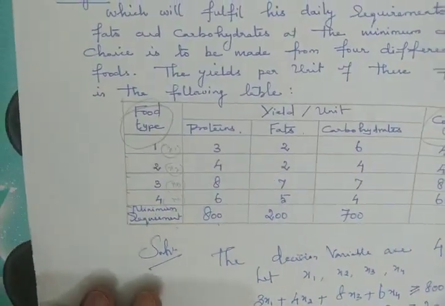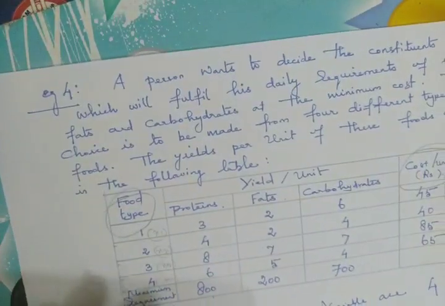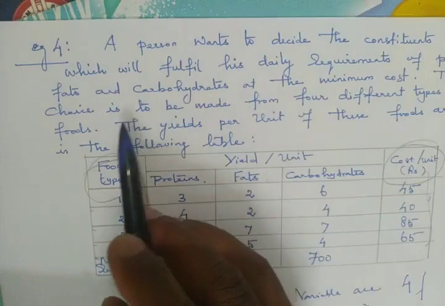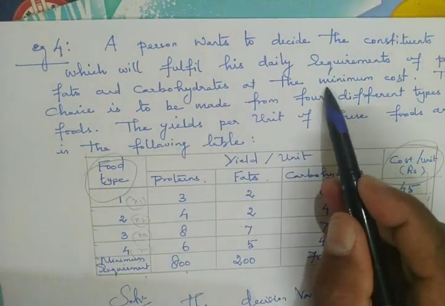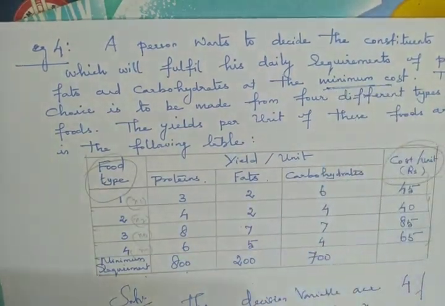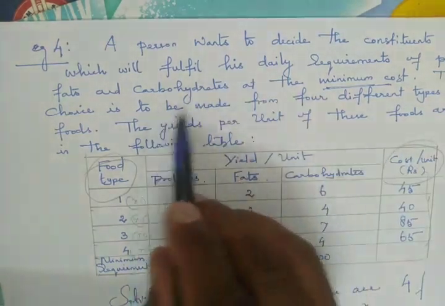So first finding the decision variables and forming the constraints by using the decision variables. Step number 3, you are forming the objective function. Here the objective function, very clearly in this case, is minimum cost. He wants to minimize the cost.